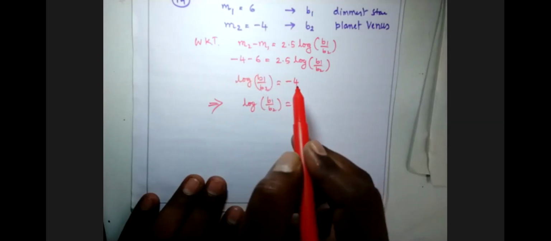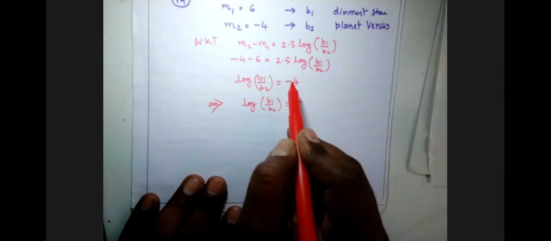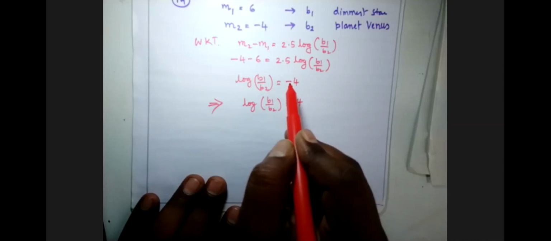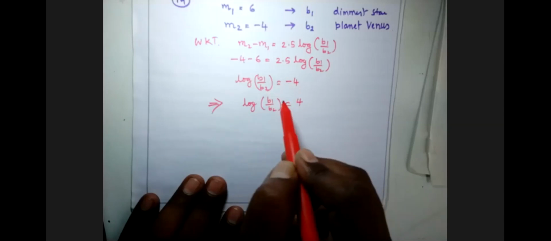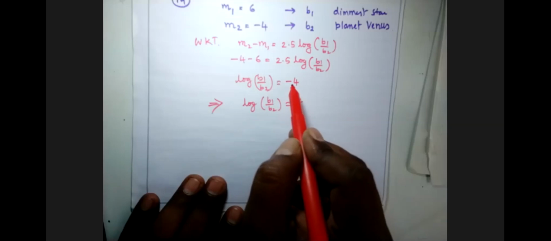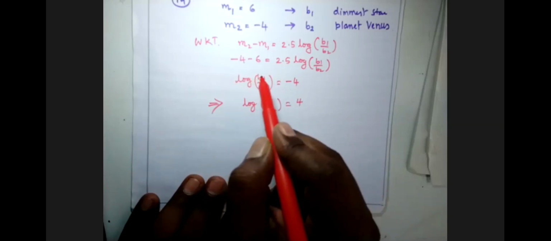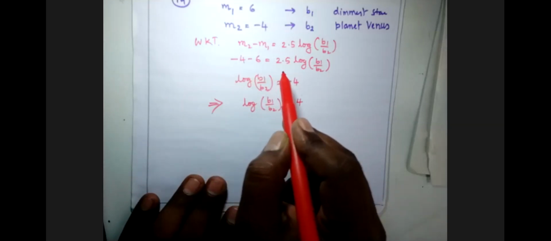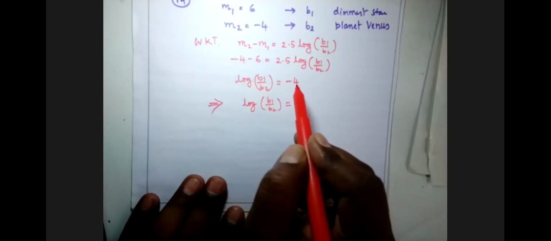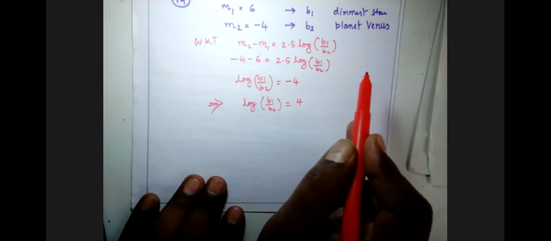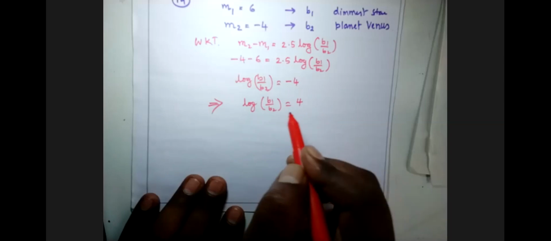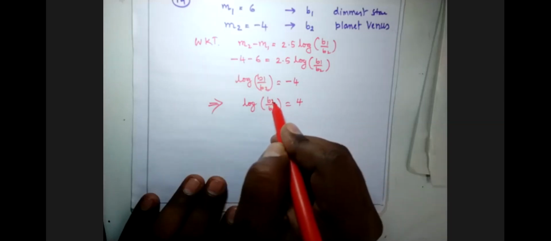If we get the log of any value equal to -4, we cannot use the calculator directly. Shifting the negative sign, this can be written as B1 by B2 to the power of -1, using the laws of indices: m log A is equal to log of A to the power of m.